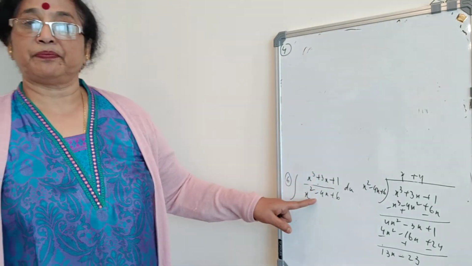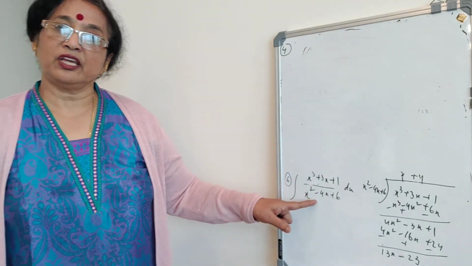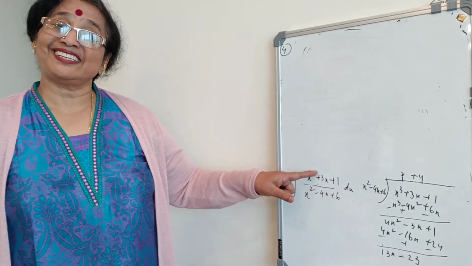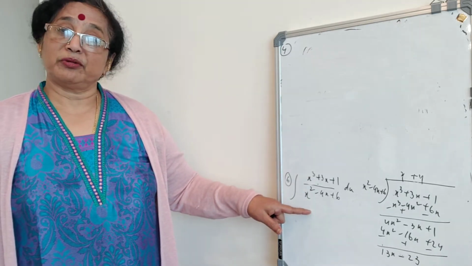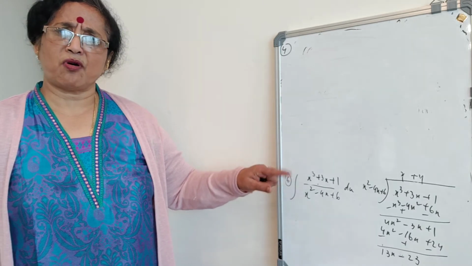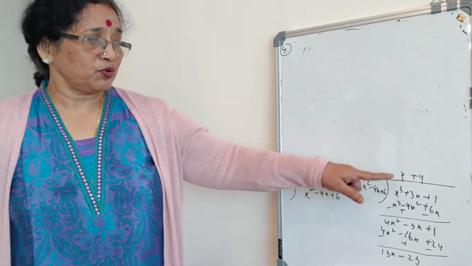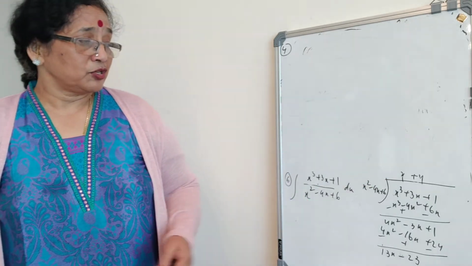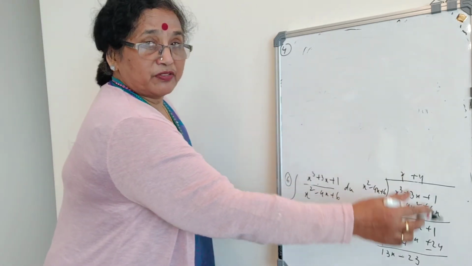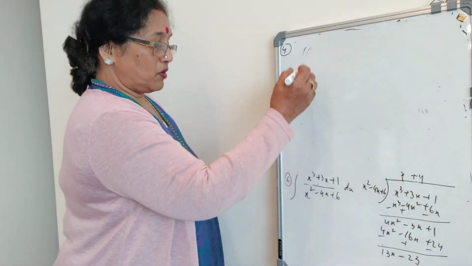Now see this sum. The degree of numerator is greater than the degree of the denominator. So long division, I told you, same or greater. Now you have this. Am I right? So in this, you're doing long division. So what are you getting after long division?